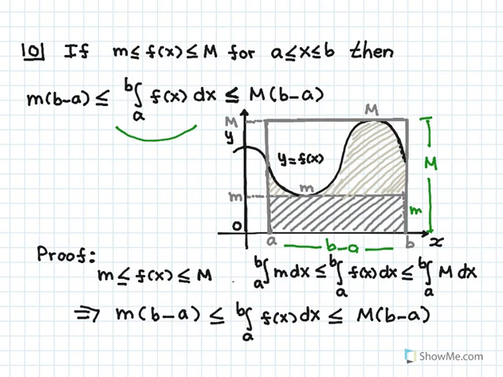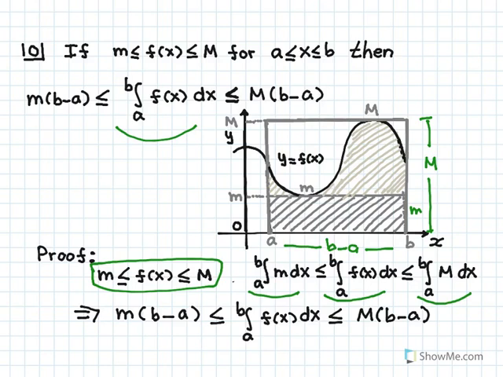So we have a proof here. Basically, f of x is bounded between capital M and small m on this interval. Now you integrate everything in this inequality. So the integral from a to b of m dx is less than the integral from a to b of f of x dx, which is less than the integral of M dx.